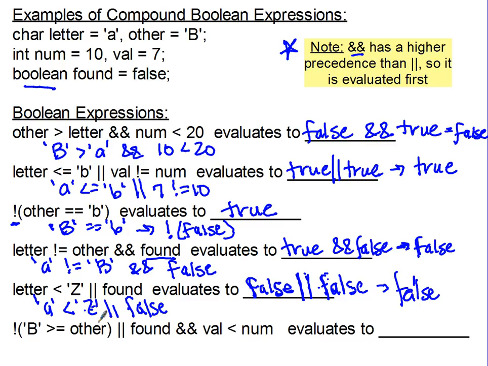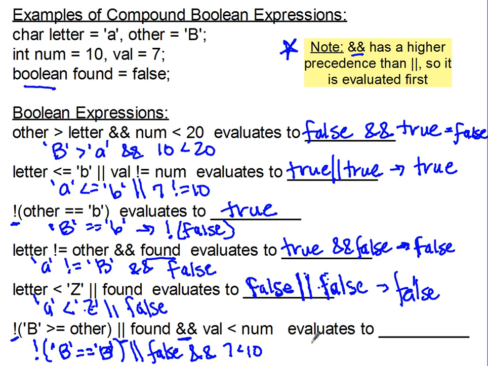And the last one, notice that there's an OR and an AND, so I have to be careful when I'm going through and evaluating, and I have a NOT outside here, so I have NOT B equals other, which is a capital B, or false, and 7 less than 10.